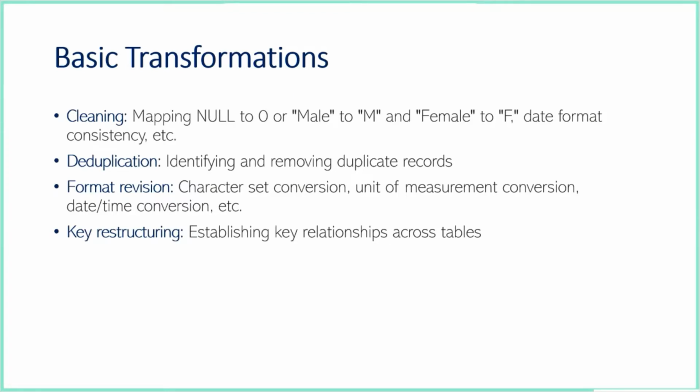Whereas when it goes to the relational database, there has to be some relationship. So you must be able to match the fields, and you must be able to identify what would be the primary key, what would be the relationship, and how they are related. That level of transformation has to be added in the middle. So key restructuring is also a very common basic transformation which we do.